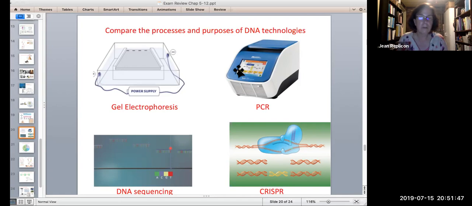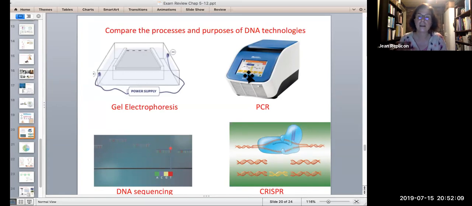So basically we're doing DNA replication. We're providing all the pieces for DNA replication. And then with the cycling, cooling off, the two strands would pair, and then that can be repeated and repeated and repeated.